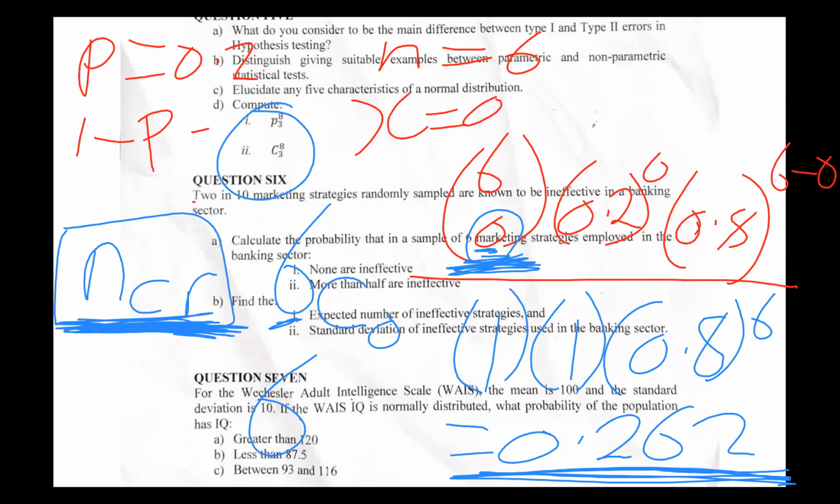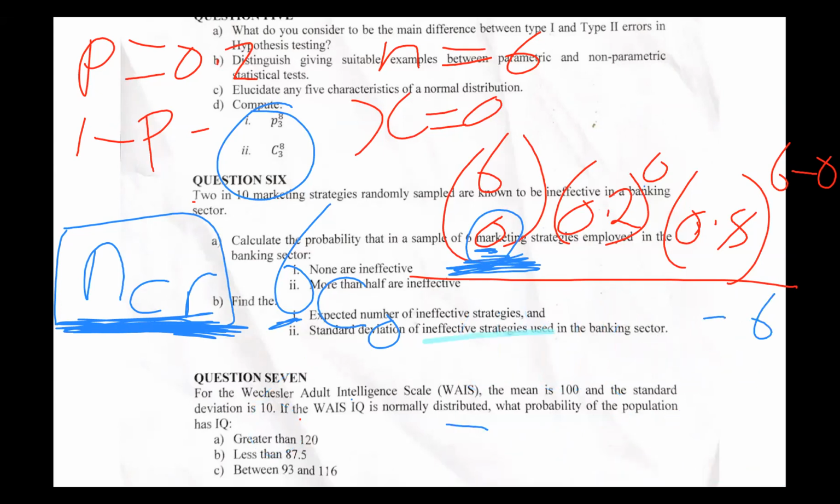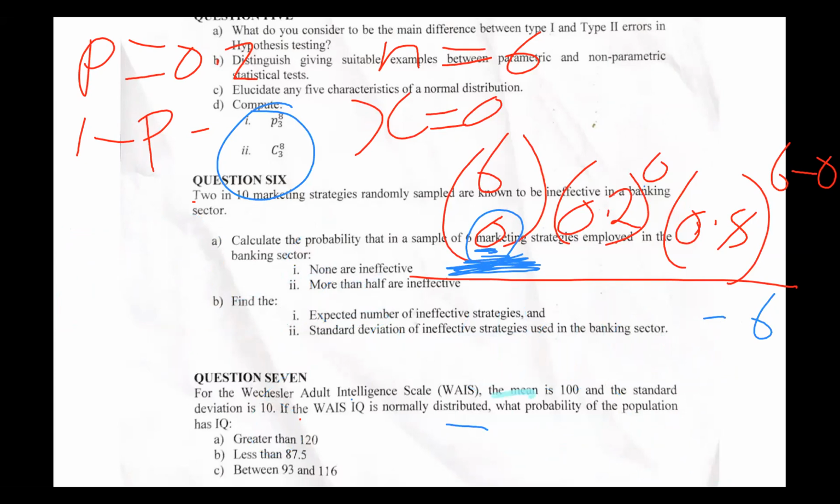Okay. And so from there, we go to the other question. The other question says, what is the probability that more than half will be ineffective? Which means the probability of success will be more than half of the sample. Our sample is what? It is 6 now. More than half means what?